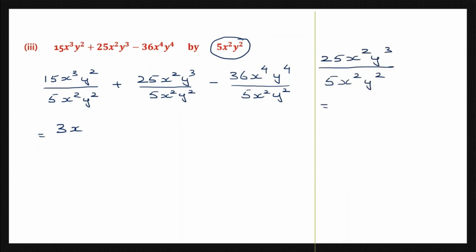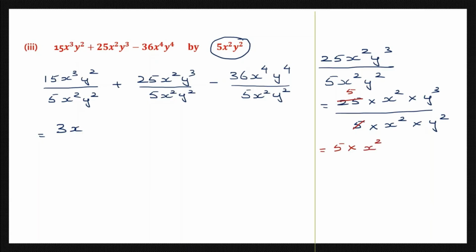So the second term is 25 into x to the power of 2 into y to the power of 3 divided by 5 into x to the power of 2 into y to the power of 2. Let's cancel 5. 5 fives are 25. So 5 into x to the power of 2 minus 2 into y to the power of 3 minus 2.